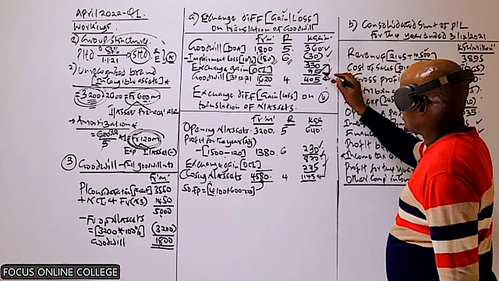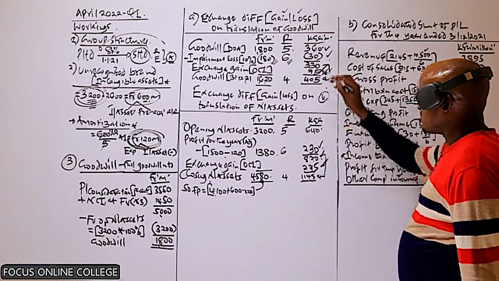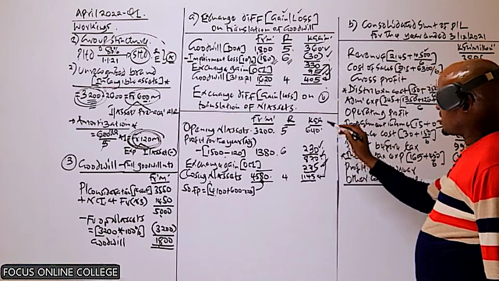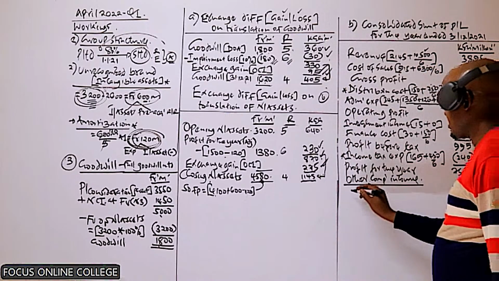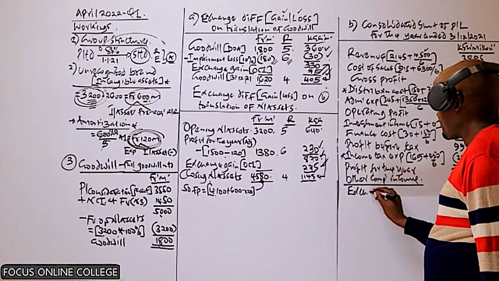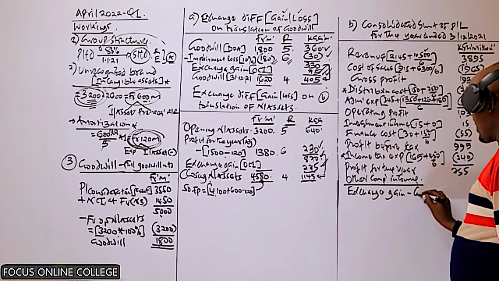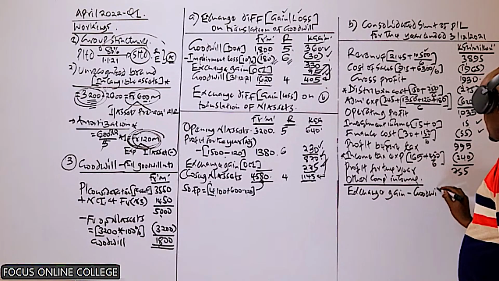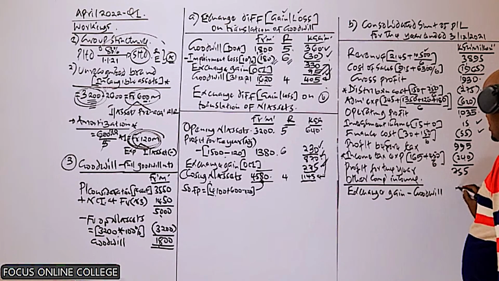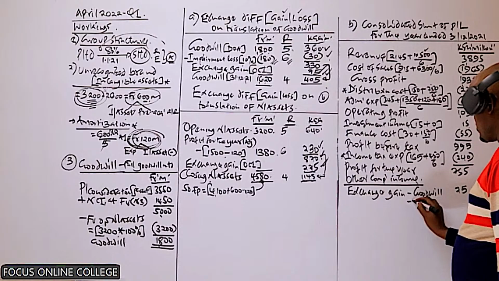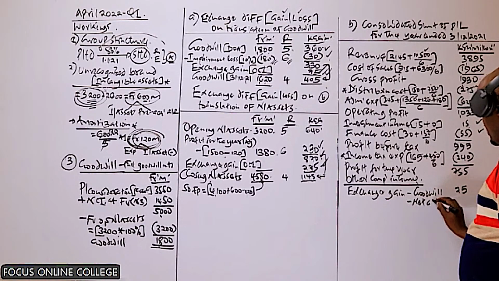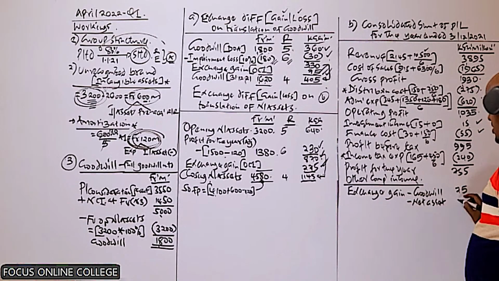These exchange gains: the exchange gain on translation of goodwill, which is 75, and on translation of net assets, which is 275.